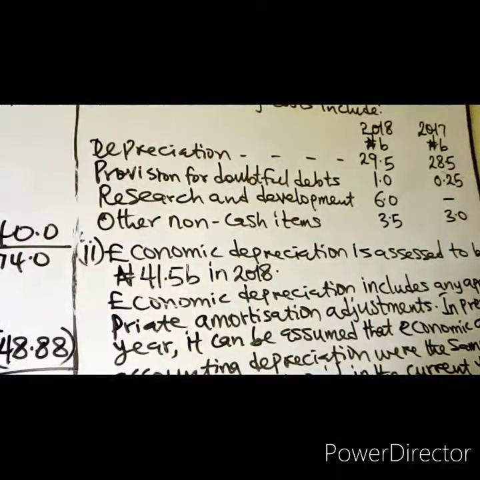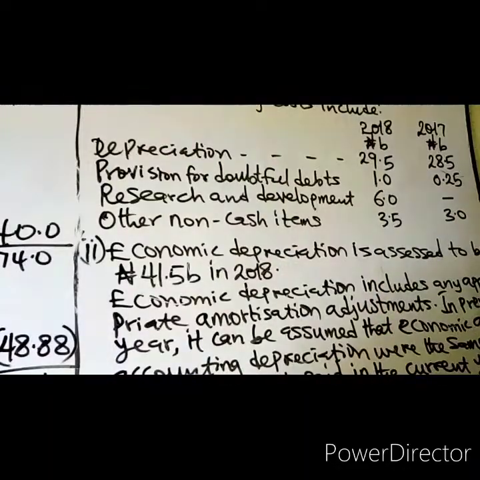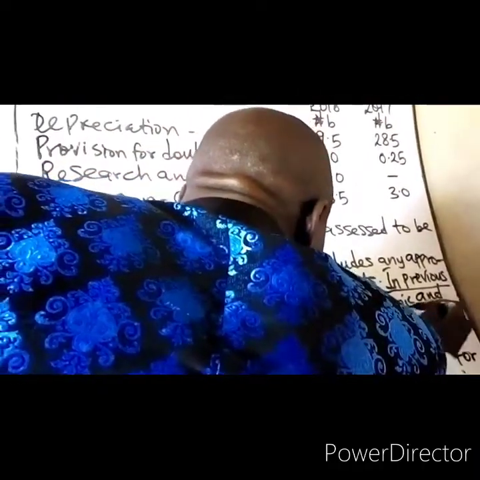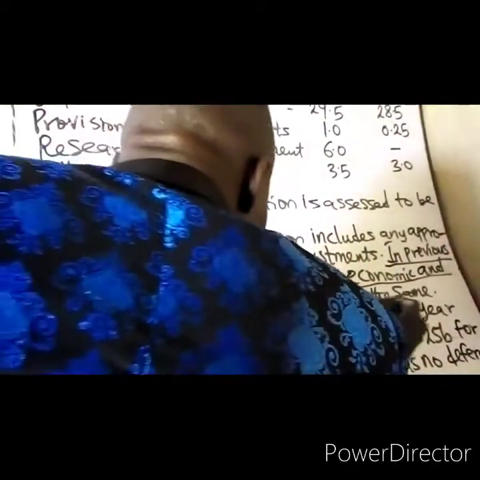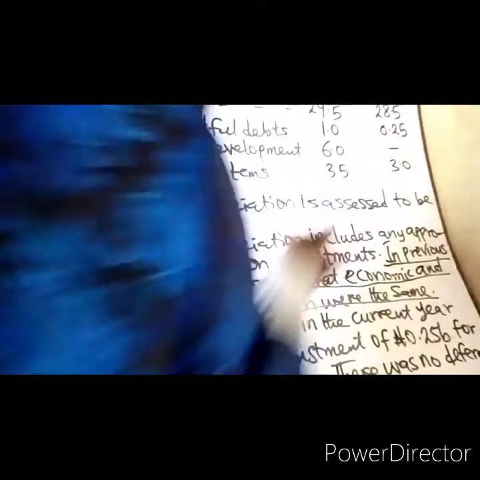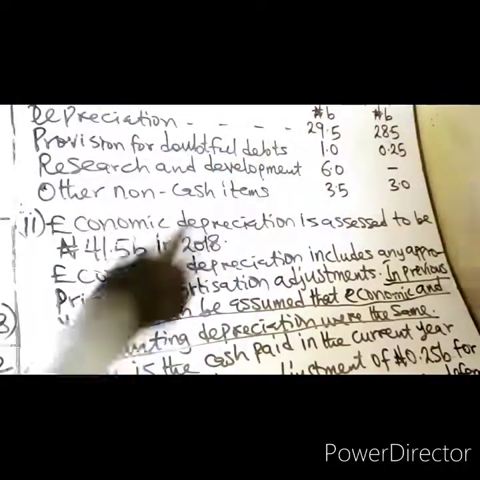Economic depreciation includes any appropriate amortization adjustments. In previous year, it can be assumed that economic and accounting depreciation were the same. Because of this clause, the depreciation of 28.5 given as accounting depreciation here in 2017 will also be the same as economic depreciation for that year.